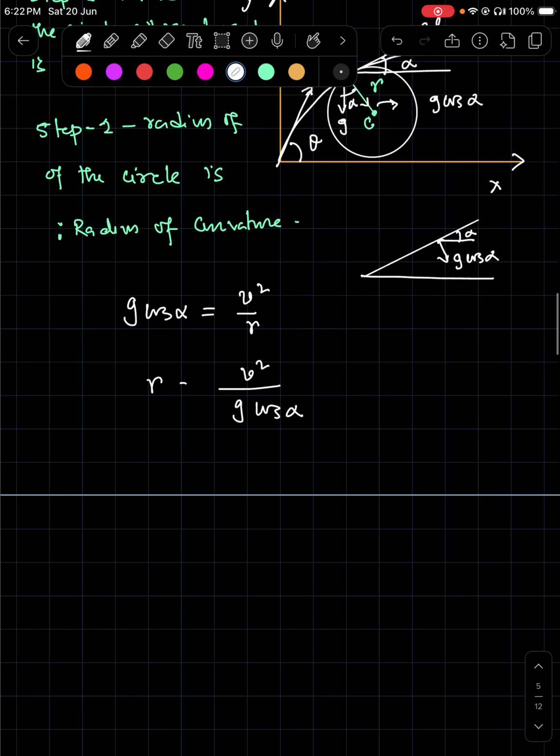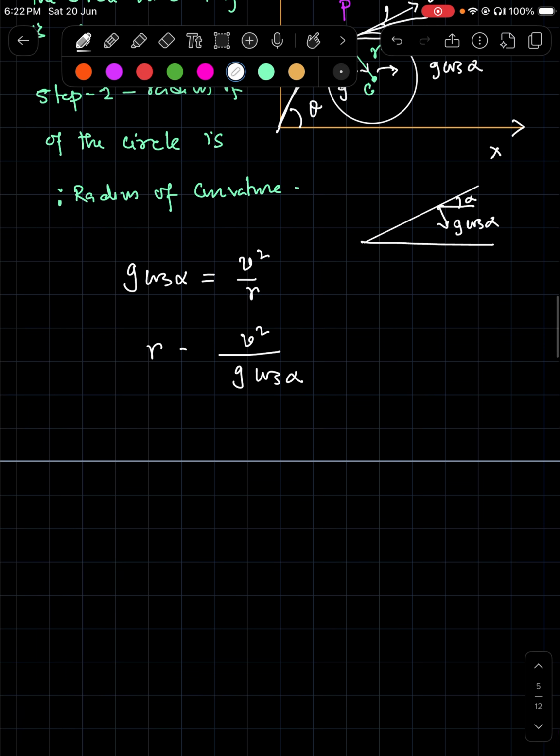So what will be given in the examination? The initial velocity u will be given, the angle of projection theta is given, and the height y can be given to find the radius of curvature.